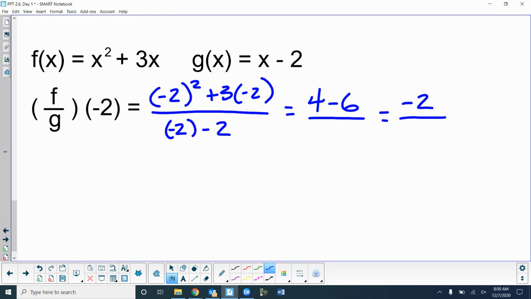You get a -2 minus 2 is a -4, which reduces to positive 1/2, or 0.5. Okay, so usually the kids like doing the ones with the numbers better than the other, especially on the division. Okay, but you're gonna have to do both. All right, you don't have that much to do. That's it. Any questions? Pretty easy day.